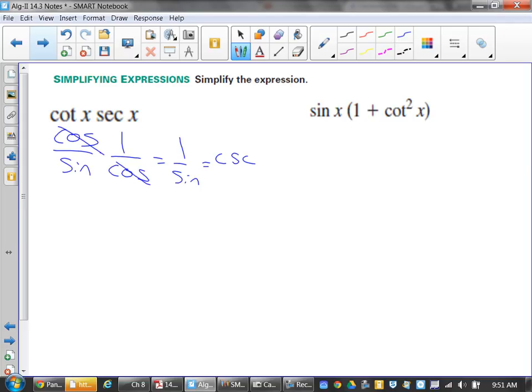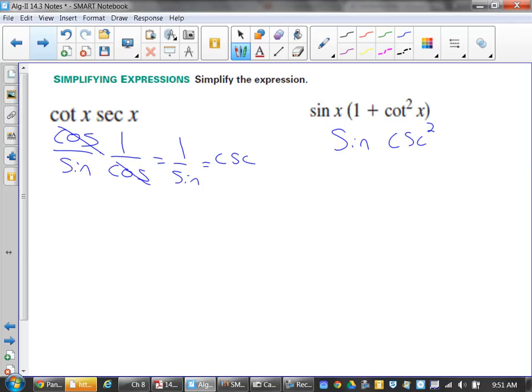So 1 plus cotangent squared is cosecant squared. You guys okay on that? Cosecant squared is the inverse of what trig function? 1 over sine squared.